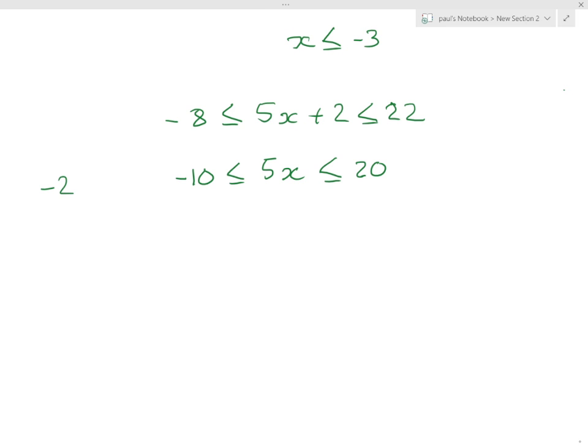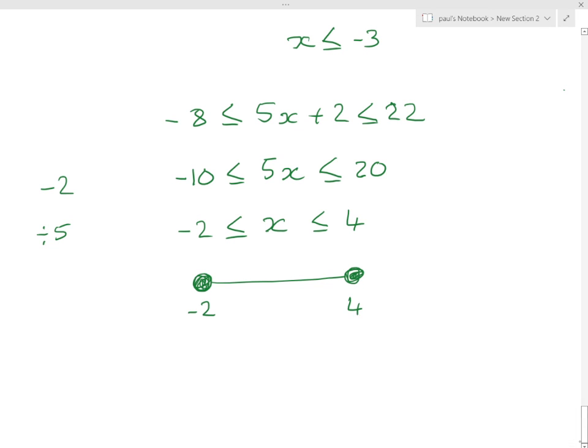Now, divide by 5, everything. So that becomes minus 2. That becomes x. And that becomes 4. And so the possible values for x. We've got a closed dot that side above the minus 2, and we've got a closed dot that side above a 4. So x is everything in between.